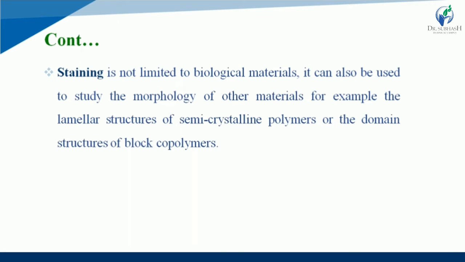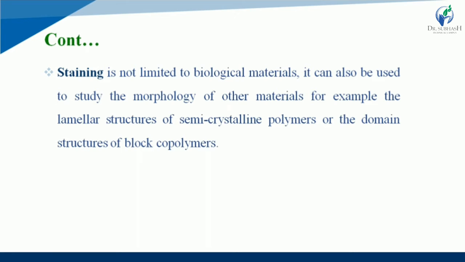Staining is not limited to biological materials. It can also be used to study the morphology of other materials. For example, the lamellar structure of semicrystalline polymer or domain structure of block copolymers.